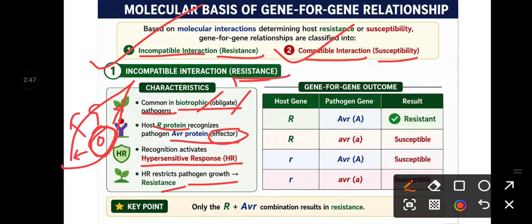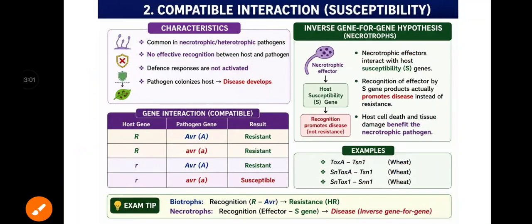Okay, it will restrict the pathogen growth at that particular local level, and ultimately the defense responses will be further activated. So this is about the incompatible reaction in case of biotrophic pathogen.